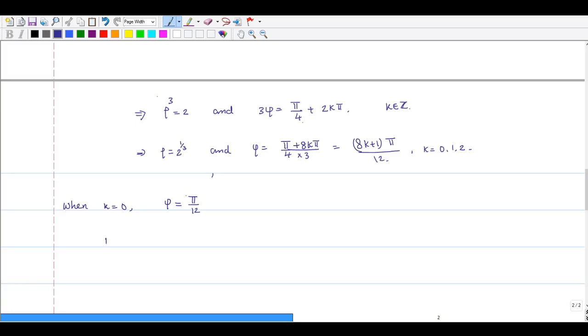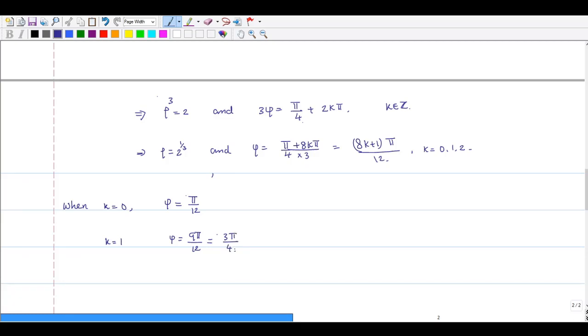When k equal to 1 போடும்போது எனக்கு என்ன கிடைக்கும்? This implies phi which is equal to, 1 போட்டோம்னா 8 plus 1, 9, 9 pi by 12. So 9 pi by 12. Okay, so அதை simplify பண்றதெல்லாம் அப்புறம் பண்ணிக்கலாம். This is equal to இது 3 4, so 3 pi by 4.